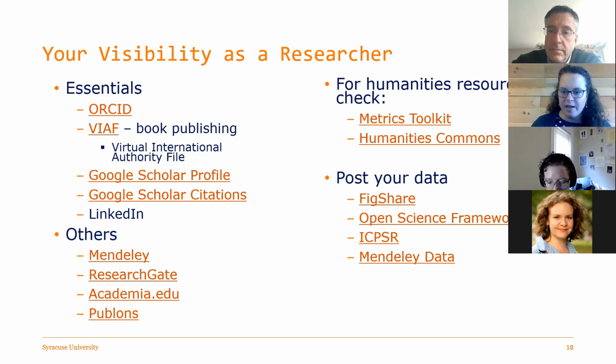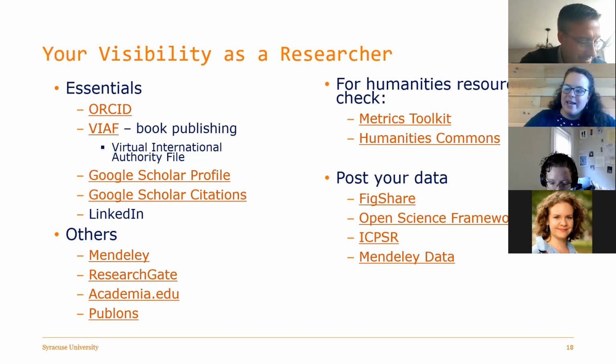Their whole business is that research networking, whereas Mendeley is owned by a for-profit company, but the Mendeley product itself is not for-profit. The same thing with Google Scholar. Google is a big for-profit company, but they're not making money off your Google Scholar profile necessarily.